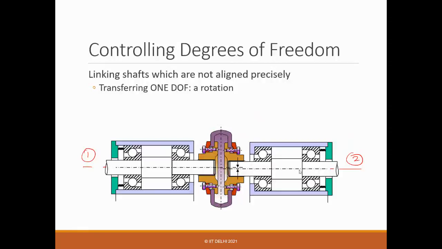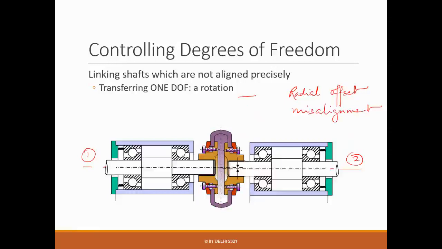But again, because of assembly issues, because of machining issues, there will always be some offset, radial offset, and some misalignment. So think about these two problems.